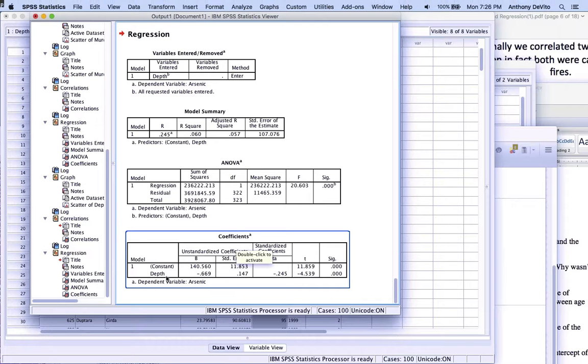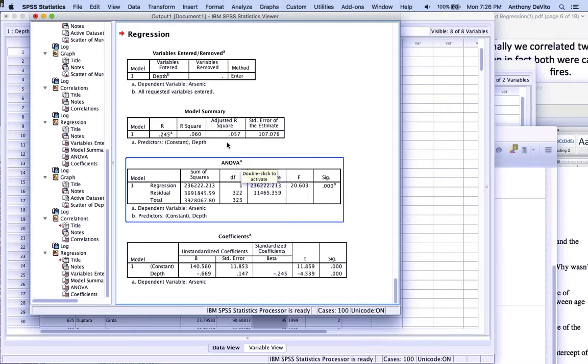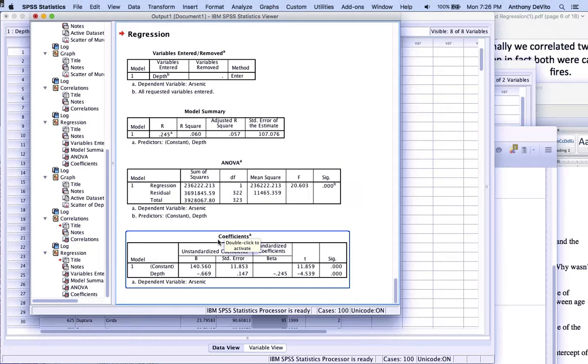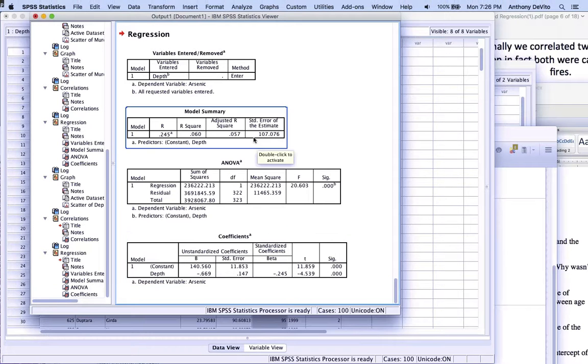The point being is now we have a way to do some prediction, not very great, but we know that there's an association between the depth of the well and the amount of arsenic we expect to find. We can use the formula somewhat predictively, right?